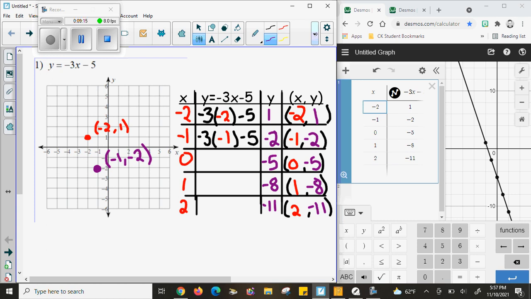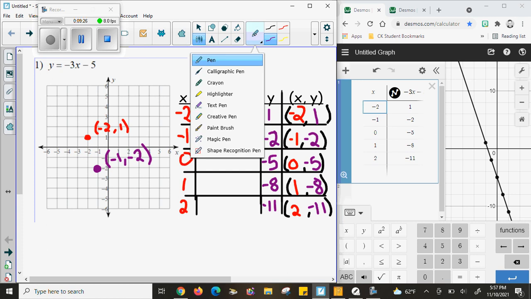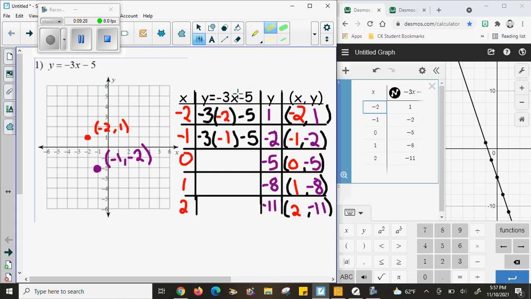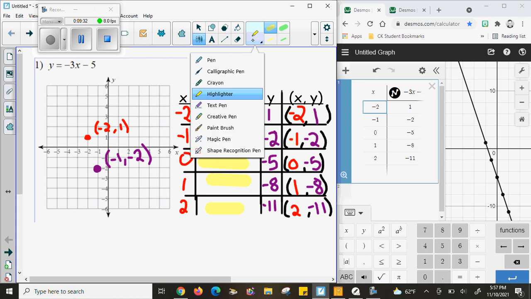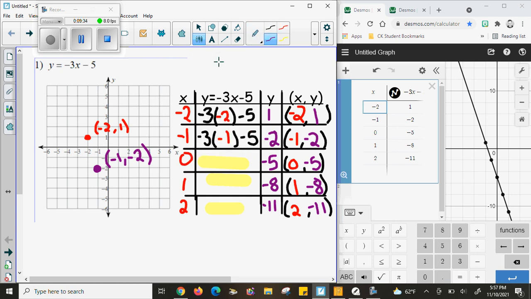Before I graph them, I want you to notice that I left that second column blank. Notice I did not fill in these 3. And that's okay. I'm not going to fill those in.